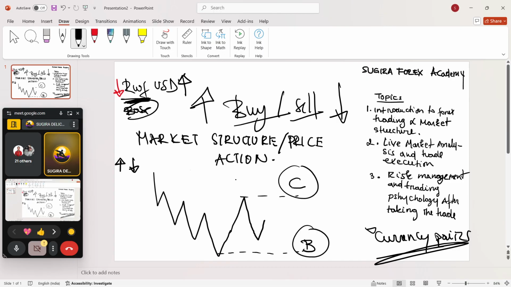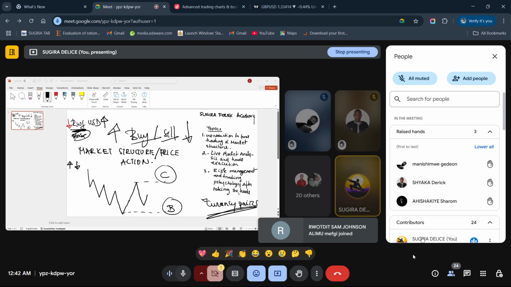Do you think the market is targeting C or the market is targeting B? What do you think?